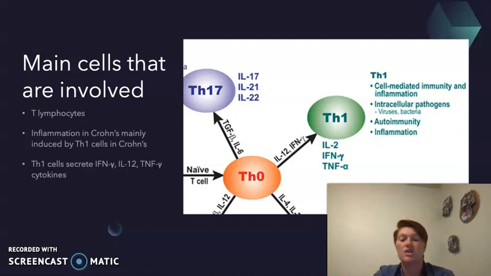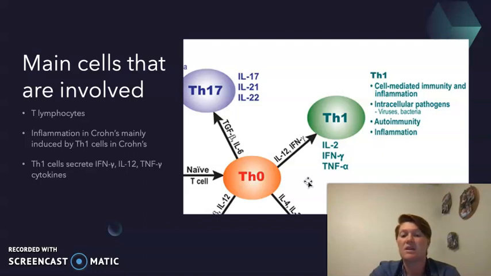Th1 cells generate an immune response against intracellular antigens. And from the picture, you can see right here that Th1 secretes these 3 cytokines, which are involved with cell-mediated response and, more importantly, inflammation. And inflammation is a main factor in this disease.